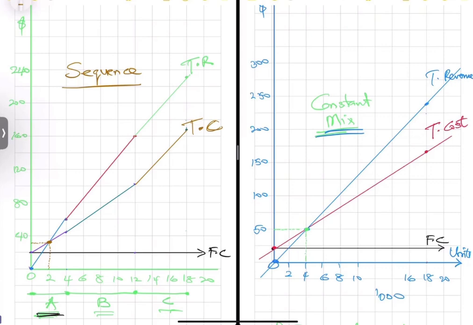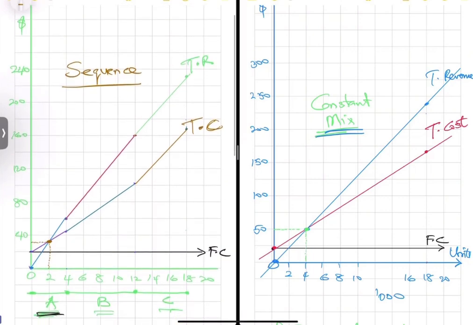Should they sell in sequence or in constant mix, if you have to advise the company? In sequence. Why should they sell in sequence? Because the break-even point comes earlier. Fantastic. That's the question I was asking.